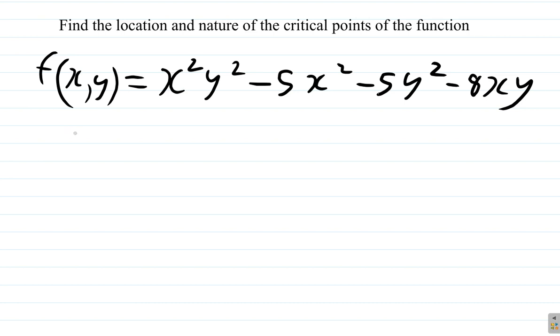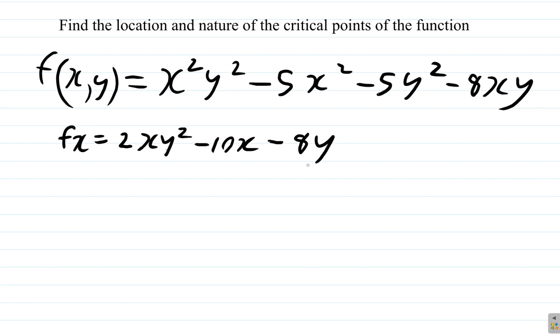We have fx equal to, so we differentiate considering x as a variable and y as a constant. We have 2xy squared minus 10x minus 8y.